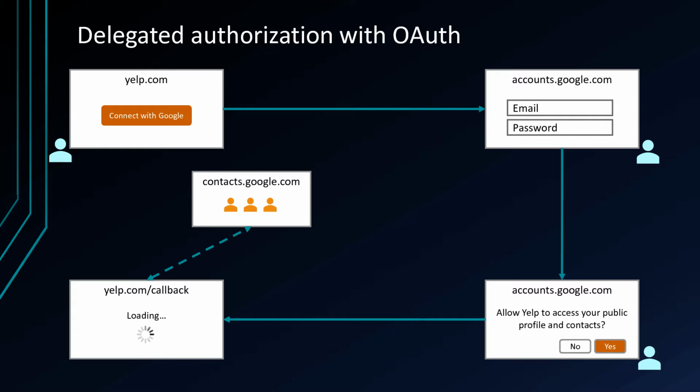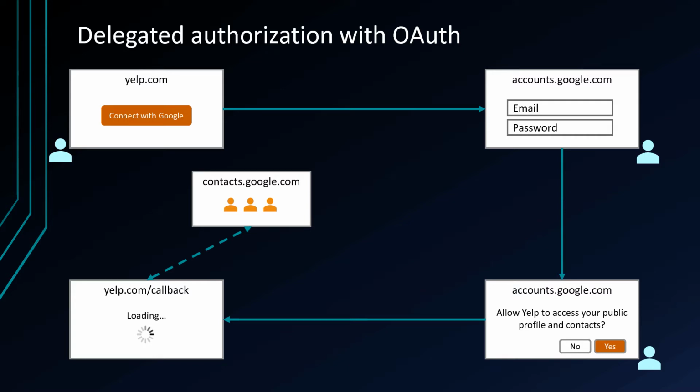Can I have that information? And Google's going to say, because the user said yes, you're allowed to have that. So much better, because you never actually give your password to this other website. You're just letting those websites talk to each other and giving your consent to allow that to happen. So this whole flow is the basis of the OAuth protocol, or is what the OAuth protocol describes.